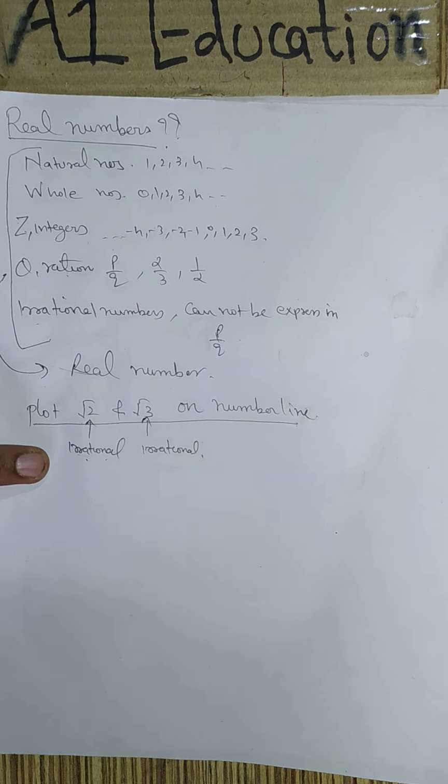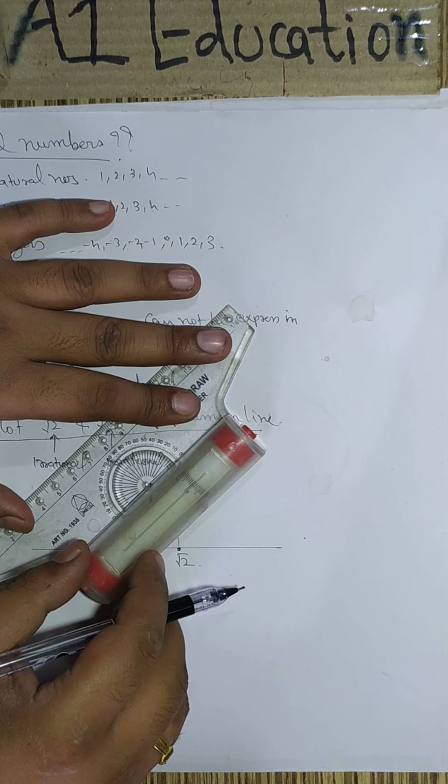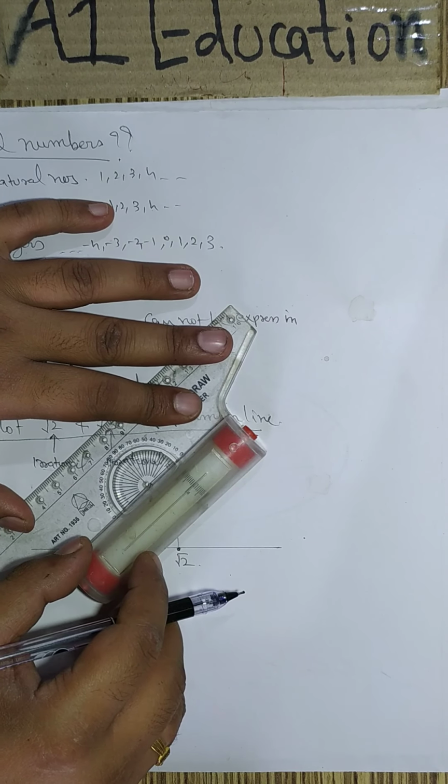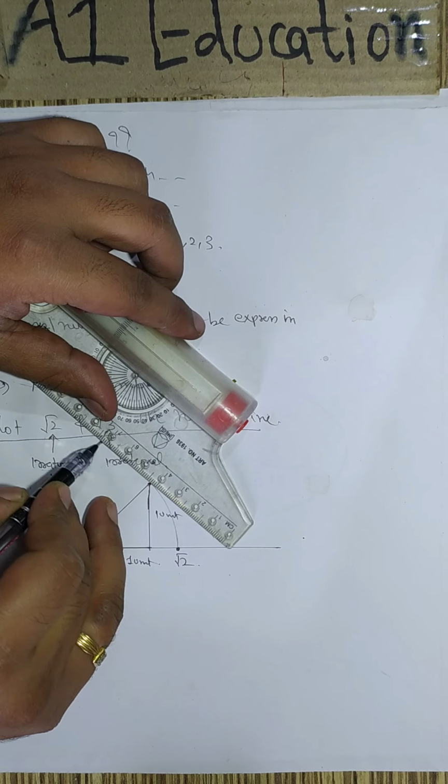Now let us say I want to plot root 3. To plot root 3, again at this point mark a 90 degree angle, so again 90 degree with respect to this slant line. 90 degree lies somewhere here, so I join that point.